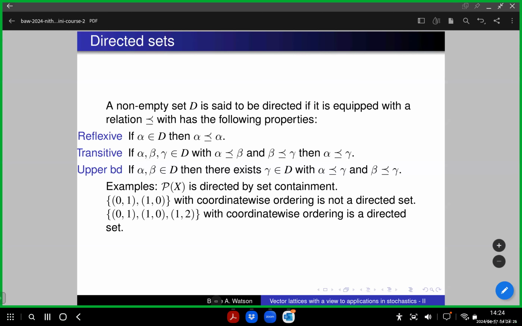We do not require antisymmetry for a direction. But we do have another requirement, and that is that if we have any two elements from the set D, there must be some element of D that is an upper bound for the two of them. In other words, there's gamma in D, so that alpha is below gamma and beta is below gamma.